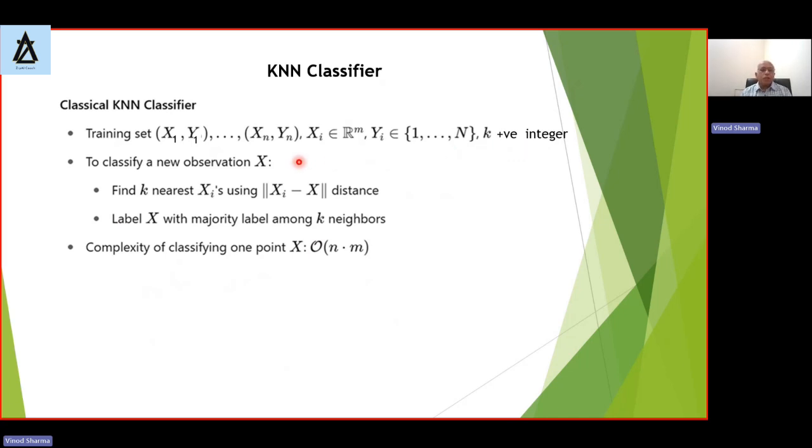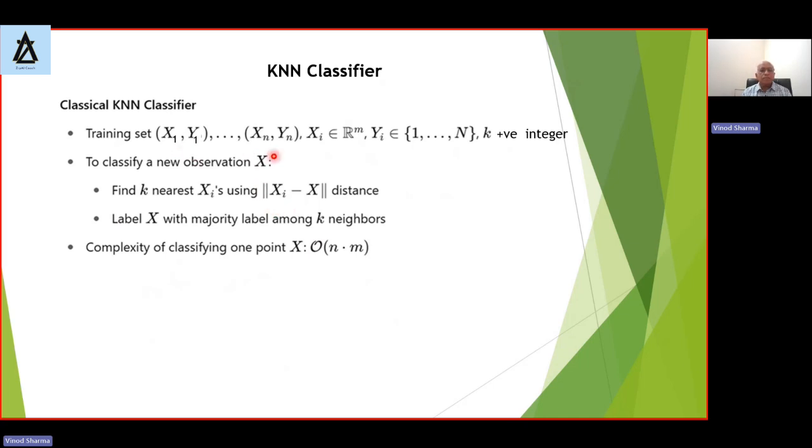Any new observation x will be classified via this method as follows. Given this k, for this x, find the k observations from x1 to xn which are nearest to x, nearest in the sense that the norm of xi minus x is the minimum among all these norms.